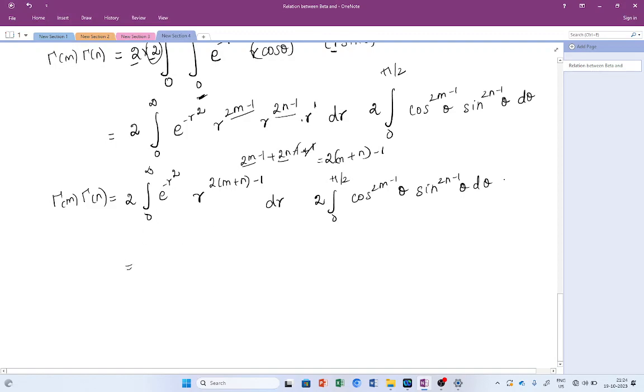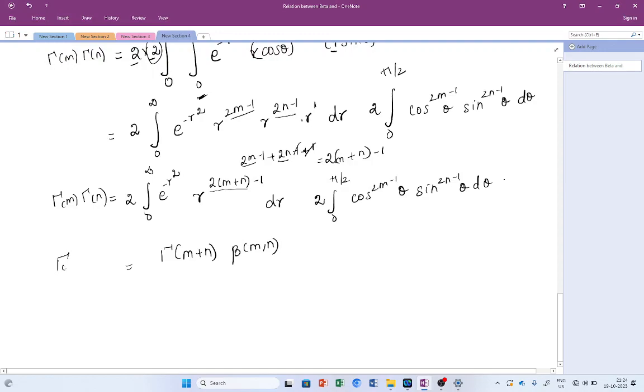Here you have 2 integral 0 to infinity e power minus r square, and instead of 2m minus 1, I'm having 2 into (m plus n) minus 1. So according to the definition of gamma, this can be written as gamma of m plus n, because in the place of m in the equation which I showed, here I'm having m plus n. And the other part, obviously we know, is the definition of our beta function.